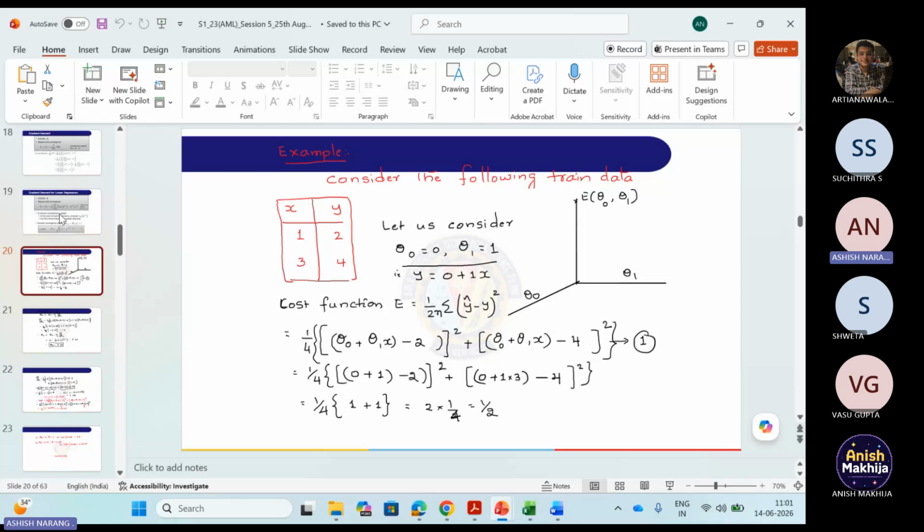I have one feature X and the output feature Y. I am taking 2 records: X1, Y2, X3, Y4. Maybe X is the area of the house and Y is the price of the house, let's say. Very simple data set with one input feature and one output feature. Make sense? How many weights will there be if I have one input feature?